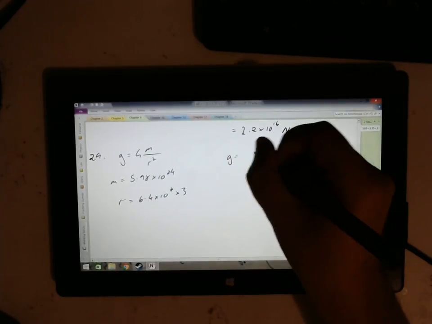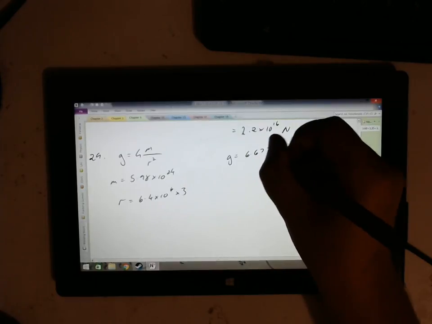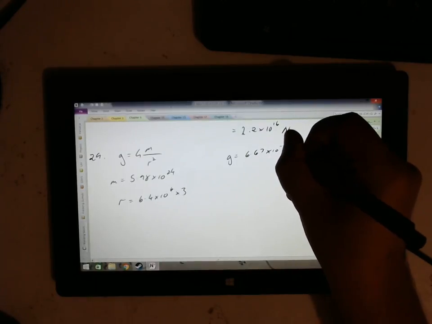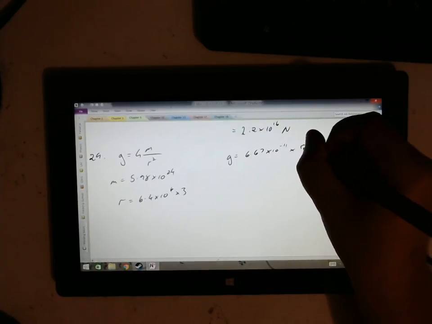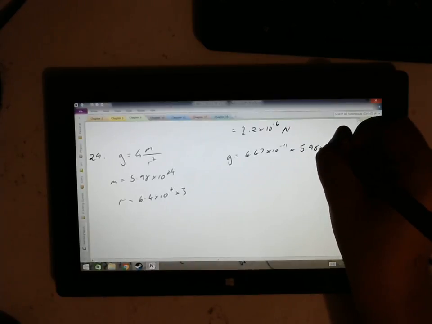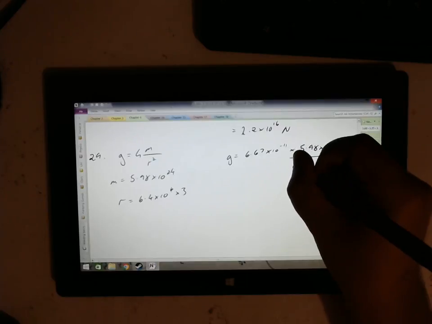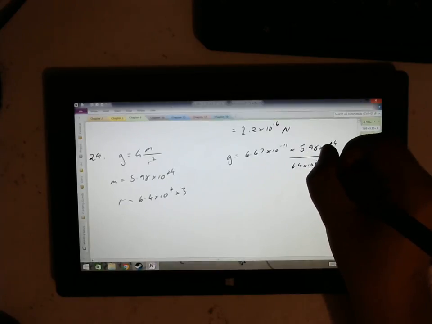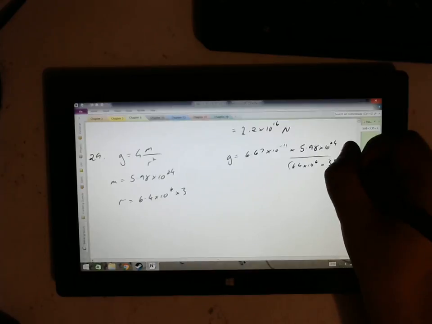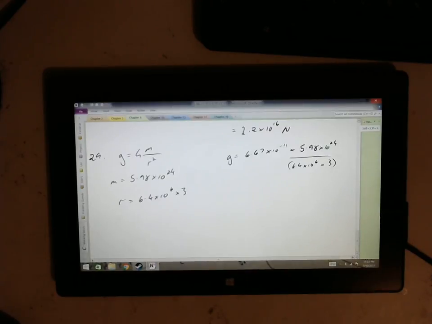So g is going to equal 6.67 times 10 to the negative 11 times 5.98 times 10 to the power 24, and that's divided by 6.4 times 10 to the 6 times 3. Just slap some brackets in there to make sure that I am dividing it by 3 lots of it, not doing a times 3 on the end. 5.98 times 10 to the power 24.